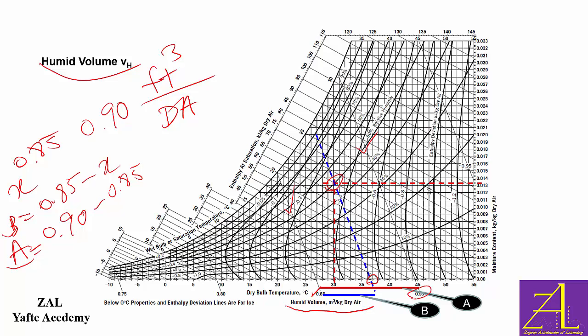I can measure it with my ruler and then use these distances and the numbers 0.90 and 0.85 in order to get the value of x by interpolation that we have seen before. If you want to just have a guess, I would guess that humid volume that we have is somewhere around 0.878 meter cube per kilogram of dry air. This is just a rough estimate, not exact, as I can get it from interpolation.